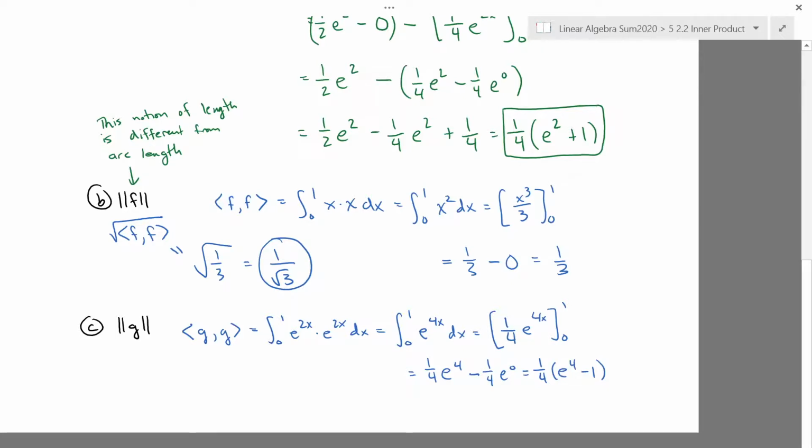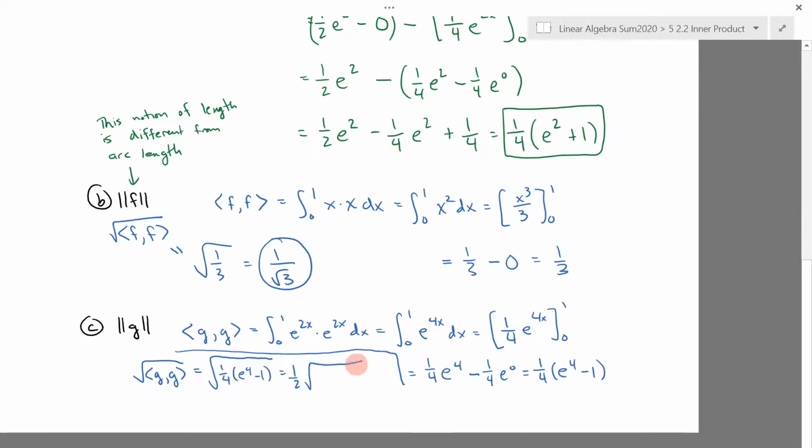Okay, so that's the inner product of g with itself, and then as before, take the square root of this inner product to get the length. So I take the square root of 1/4 times e to the 4th minus 1, and the square root of 1/4 is just 1/2.